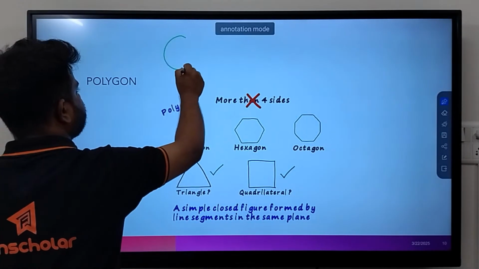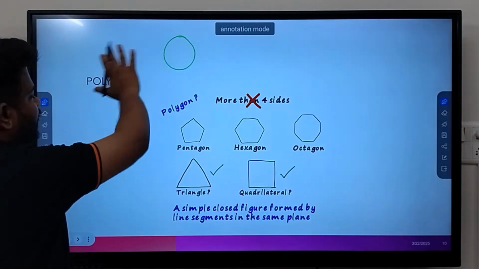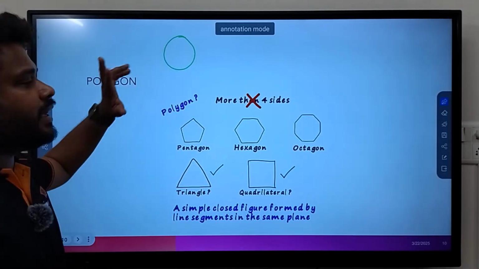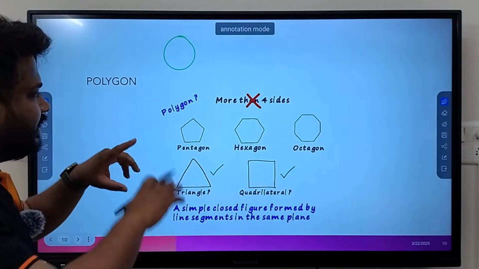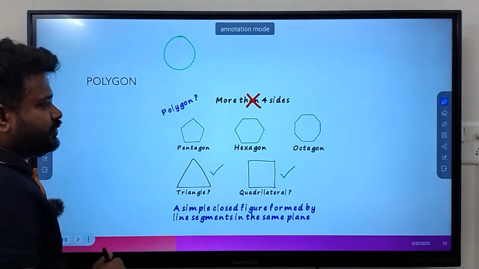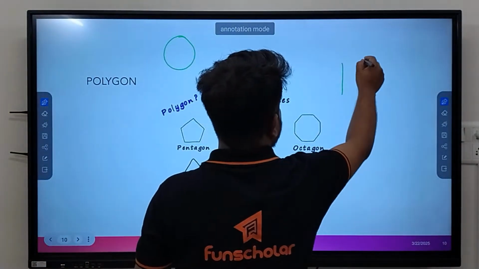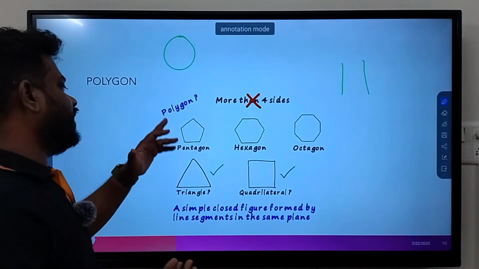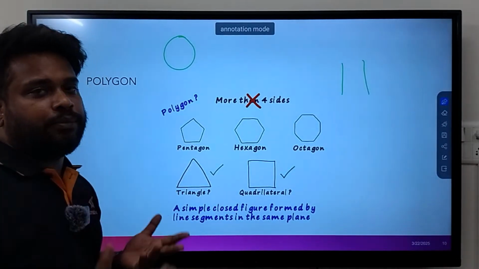This one is a circle, this one is not a polygon. I am just giving an example by drawing this, that a figure has to be closed. They don't have to be like this, with something open. So they have to be closed to make a polygon.